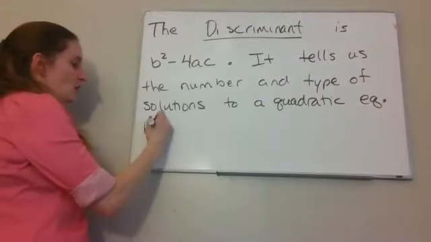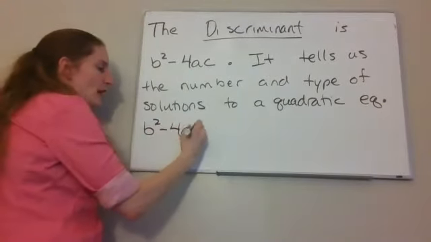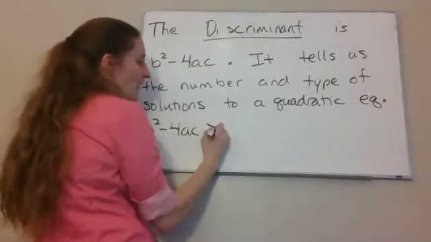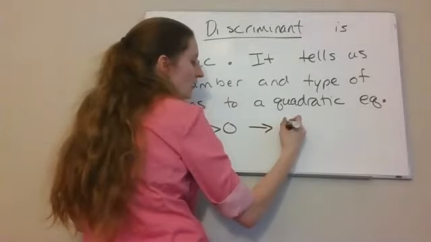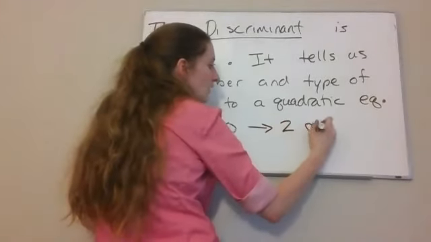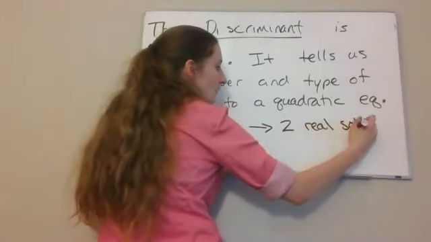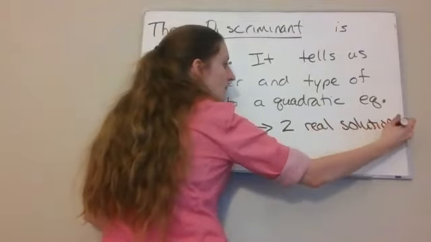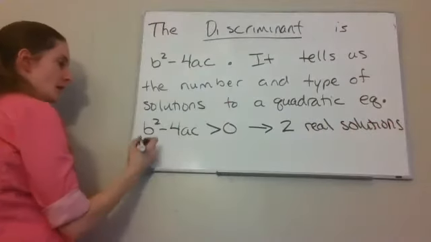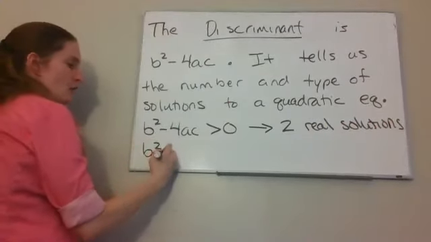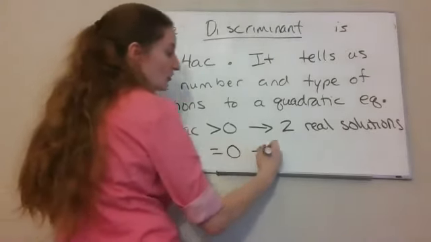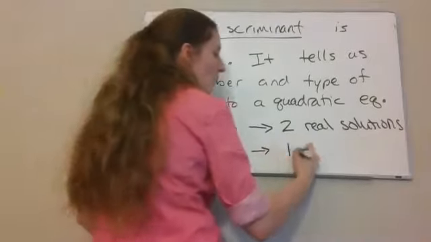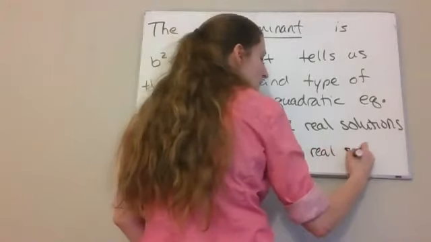So if your b squared minus 4ac is positive, so it's bigger than 0, you are going to get 2 real solutions. If your b squared minus 4ac is exactly equal to 0, you get 1 real solution.